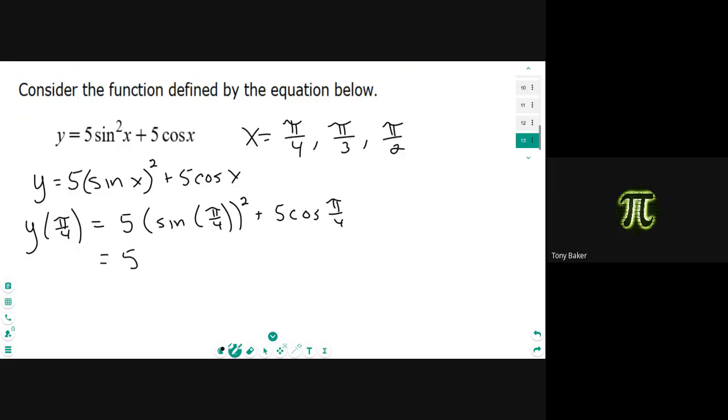What's sine of pi over 4? That's square root of 2 over 2. Oh wait, which does come out to be 1/2 when you square it.